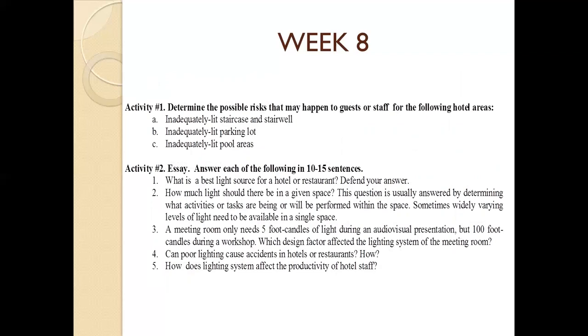So we could see here that there is no sufficient lighting source in these areas or locations in the hotel. What do you think is the possible risk if these locations or areas are not properly lit? So that is for activity one.